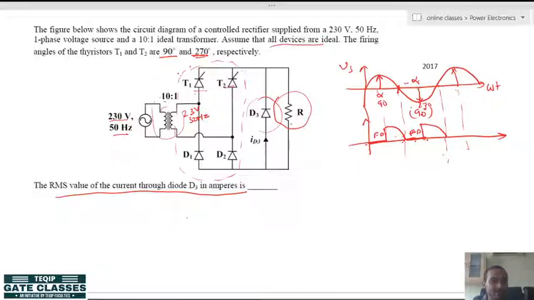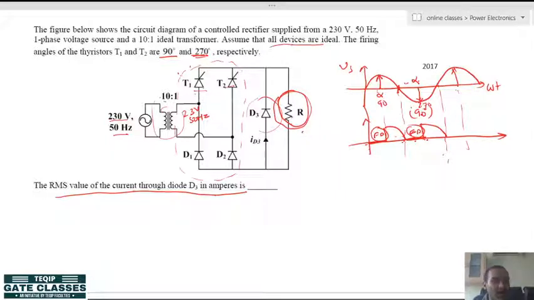So you have to study the question carefully, and see the figure also carefully. It is only a resistance load. So where is the question of the working of the freewheeling diode? A resistive load does not need a freewheeling diode at all.